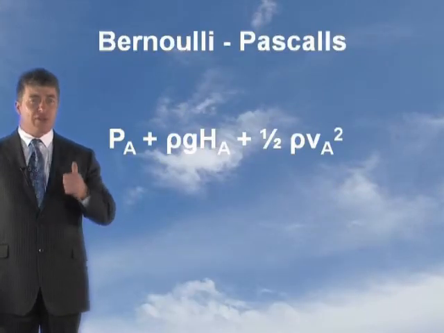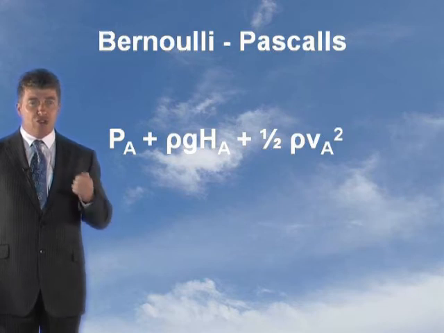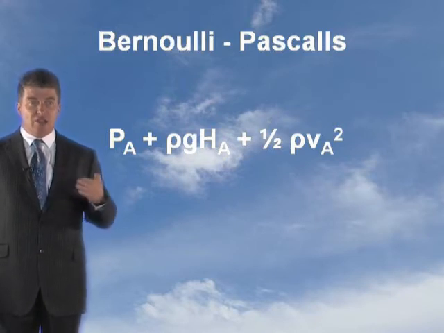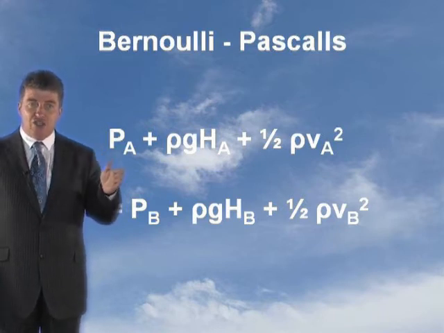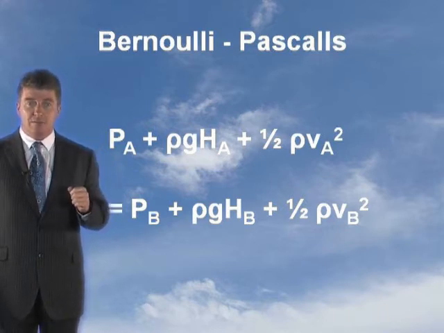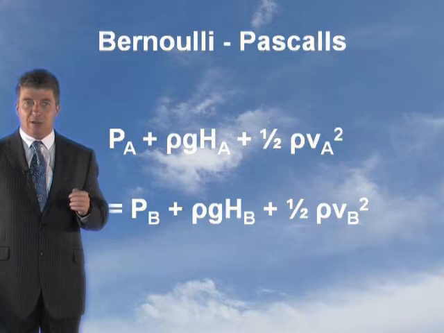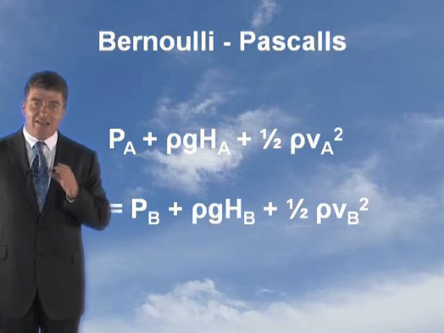When you're working in pascals, this is the formula: PA, which is the pressure energy in pascals at point A, plus rho g hA, which is the potential energy at point A, plus half rho vA squared, which is the kinetic energy at point A, equals PB, which is the pressure energy at point B in pascals, plus rho g hB, which again is the potential energy at point B, plus half rho vB squared, which is the kinetic energy at point B.